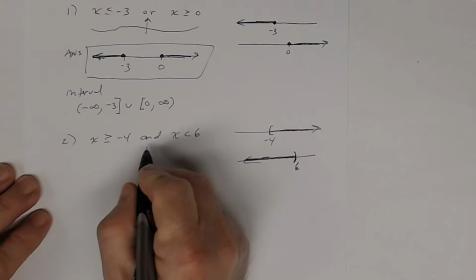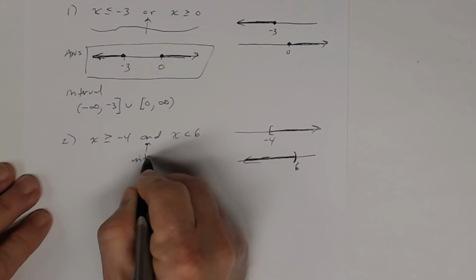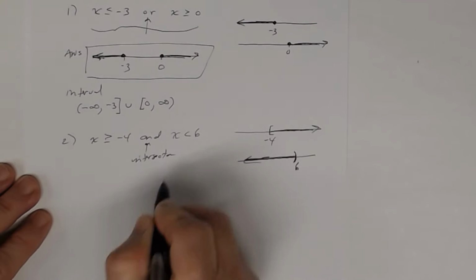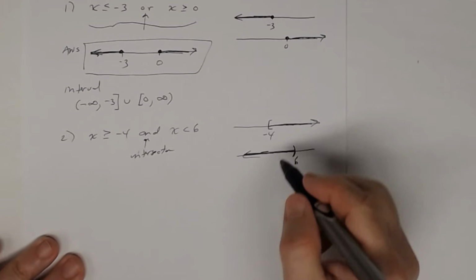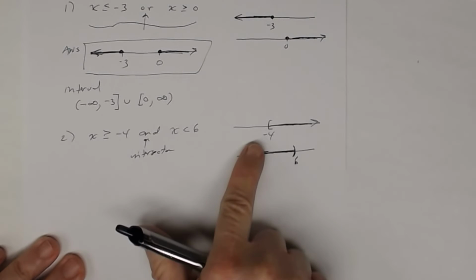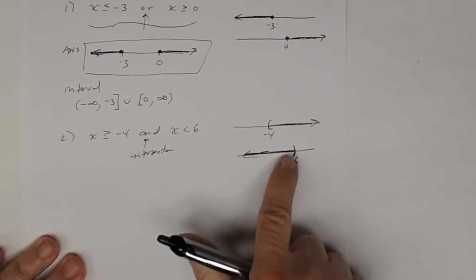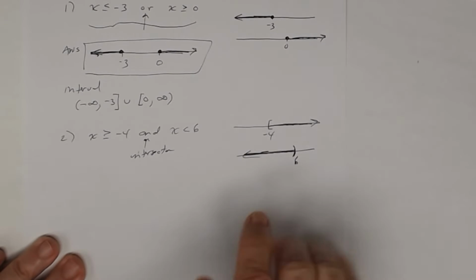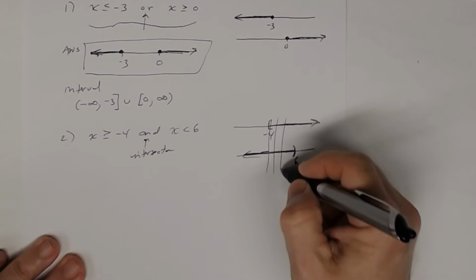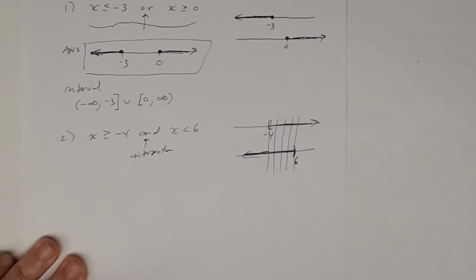So what I'm looking at here is the intersection of those two graphs. That's why I asked you to make sure you put those in relation to each other. -4 is to the left, 6 is to the right. And then the intersection of those two, that's where the two graphs intersect.